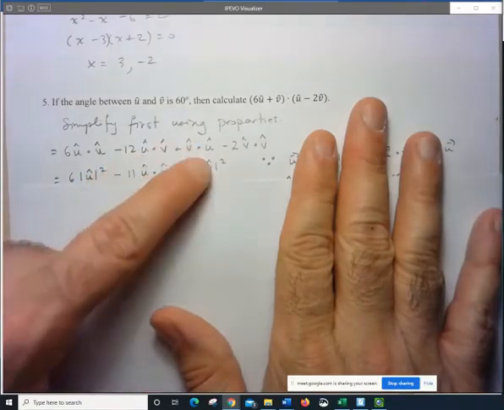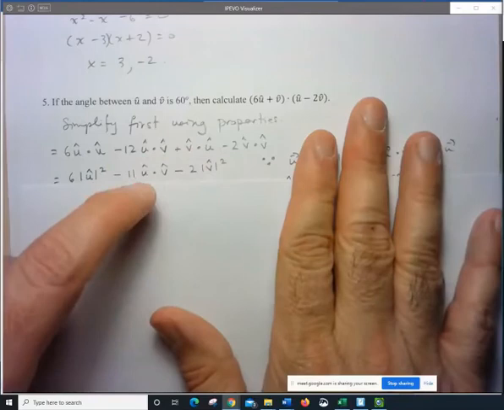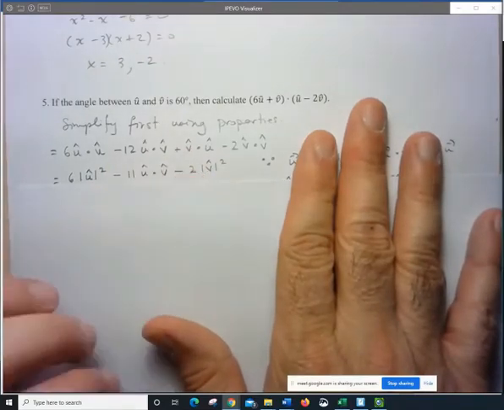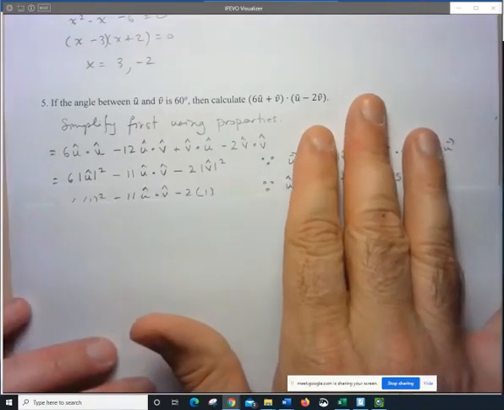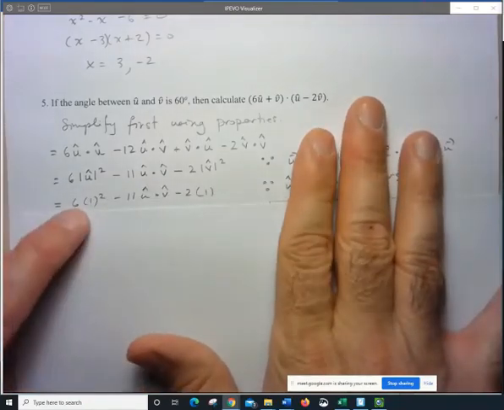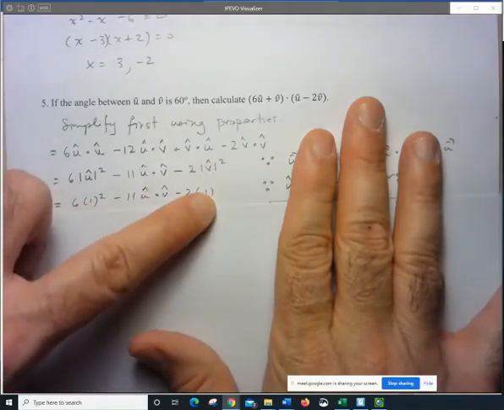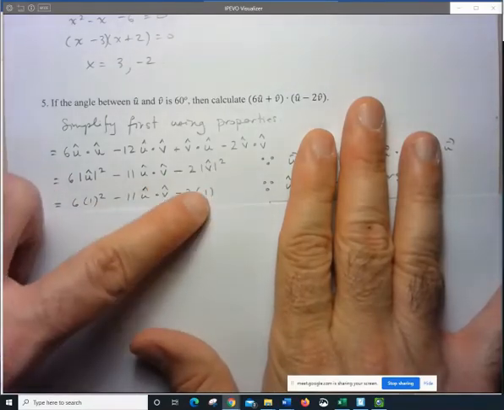Okay. Here, notice that u dot v and v dot u are commutative, meaning they're equal. So I can just bring this together and write it as negative 11u dot v, and similarly here. But of course, we also have that the magnitude of those vectors are equal to 1. So I just have 6 minus 2 is 4.